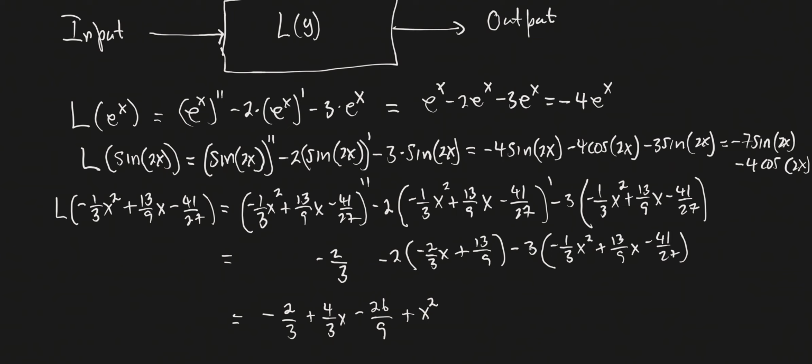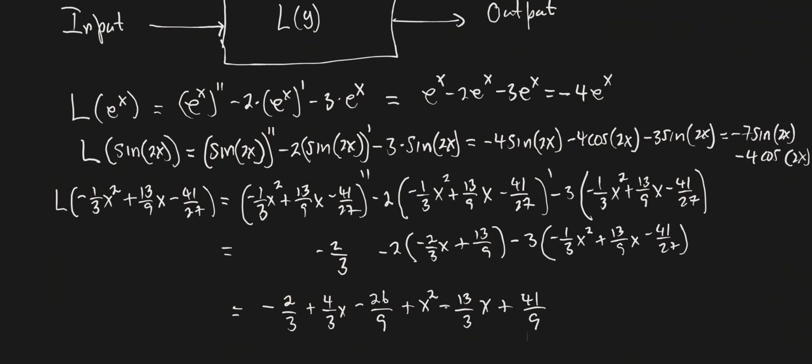And then for the x term, what's that? Negative 13 over 3, so negative 13 over 3 x. And then for the constant term, we'll have a plus, and what's that? A 41 over 9, right?